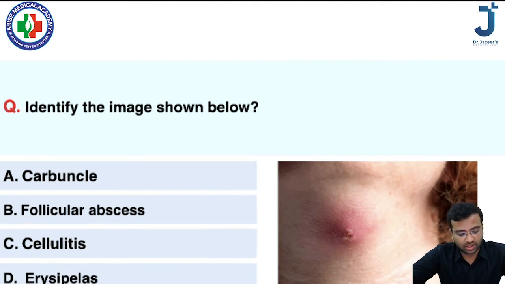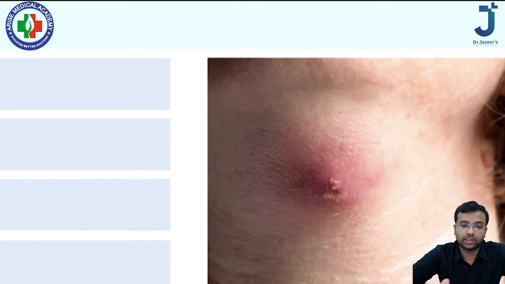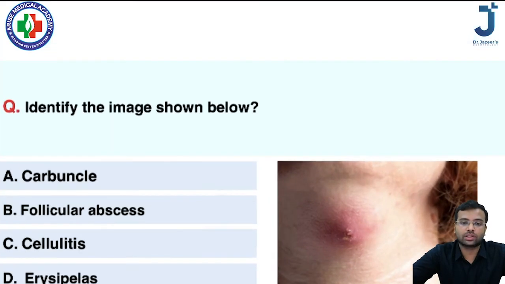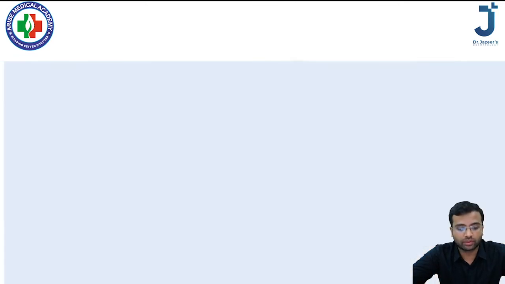So what is this image? You may be doubtful whether this is going to be a furuncle or a carbuncle, isn't it? Because among bacterial infections of the skin, furuncle and carbuncle are both caused by Staphylococcus aureus. Now by definition, what is a furuncle?